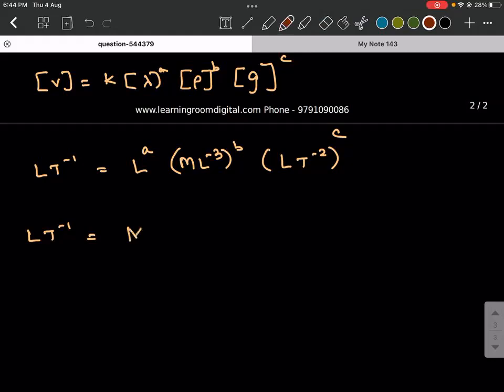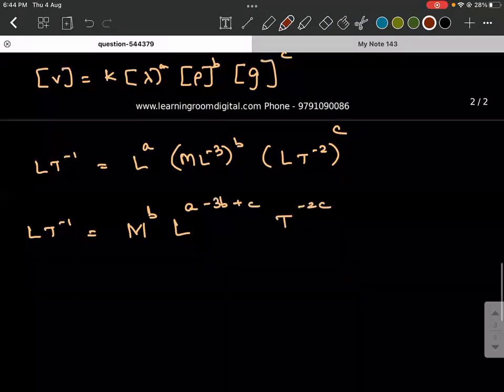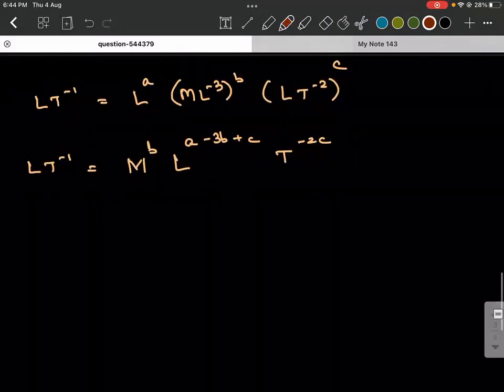M, what is the power that is there? M power B, L power A minus 3B plus C, and T power minus 2C. So comparing both the sides, here it is M power 0. So B is 0.